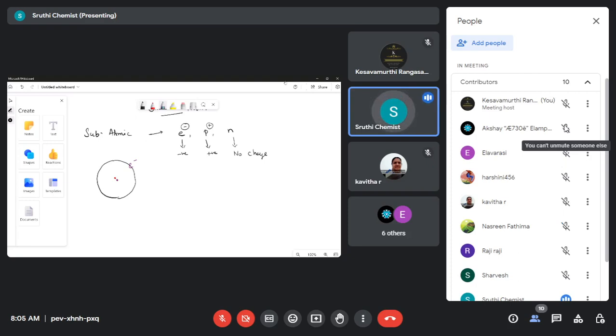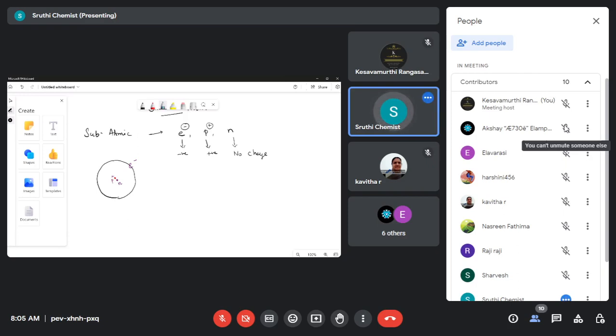Here the red color means protons, p plus, and this is a neutron. Electrons are present in the orbit, continuously revolving. If you see this type of pattern, what does it relate to?